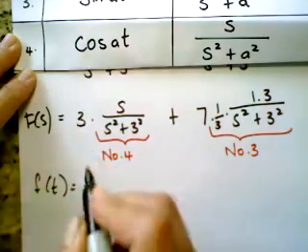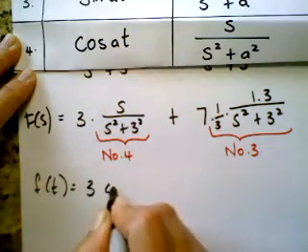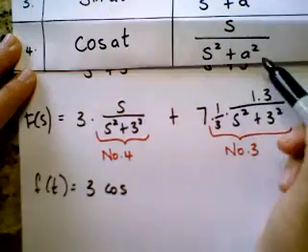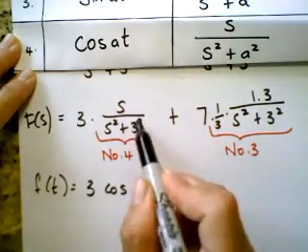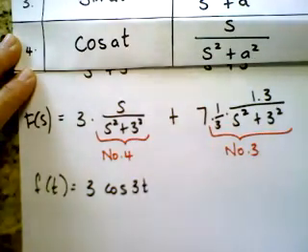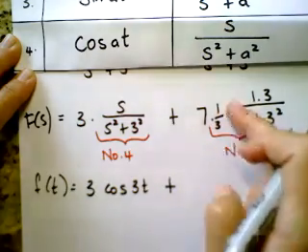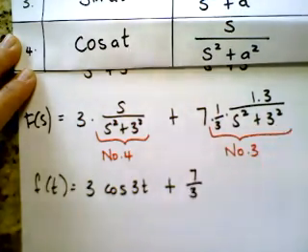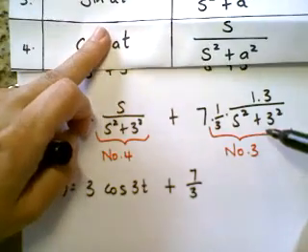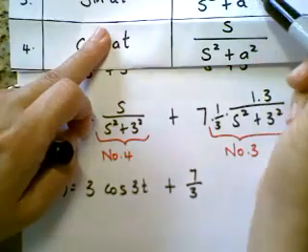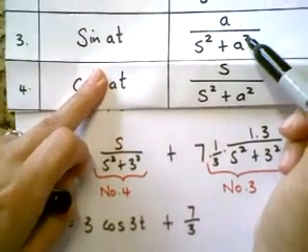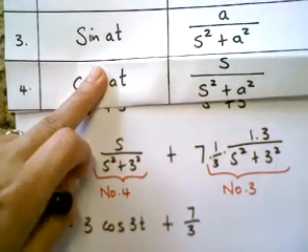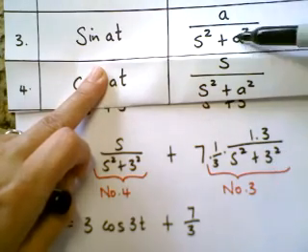Don't forget your constant 3 in front, so it's going to be 3 cos of, in this case your a is 3, so 3t, plus the second term, the constant multiplied by the form you're working with, which again is number 3 on your table, where your a's match in numerator and denominator.